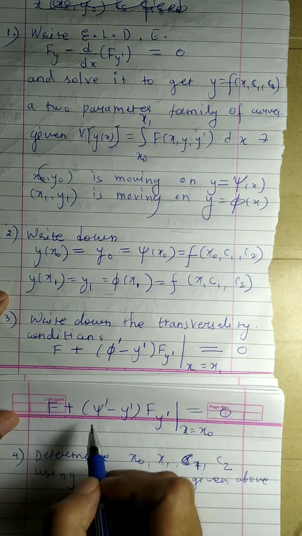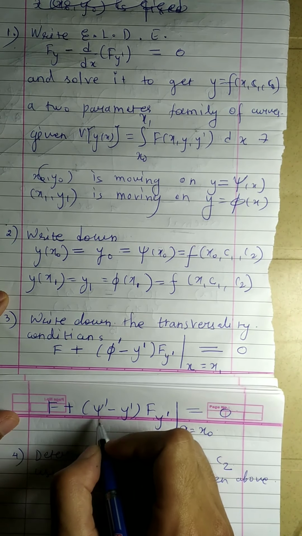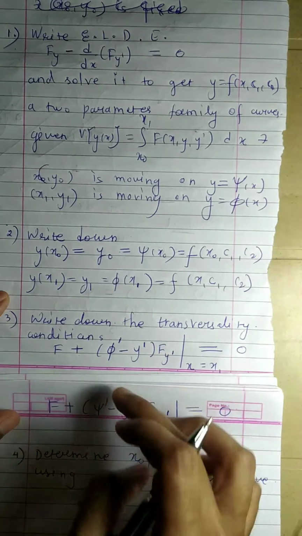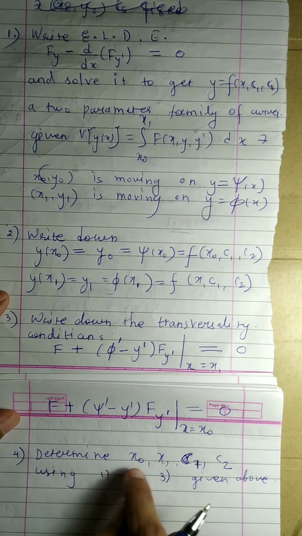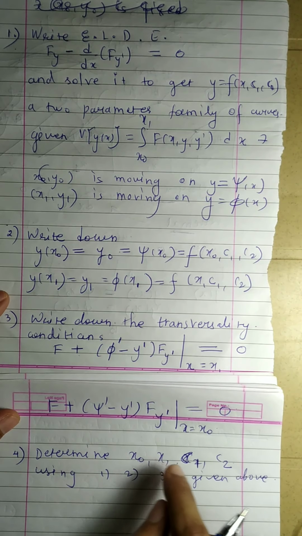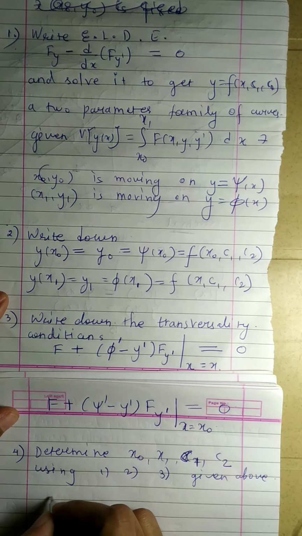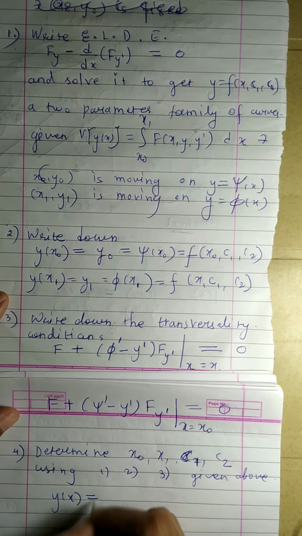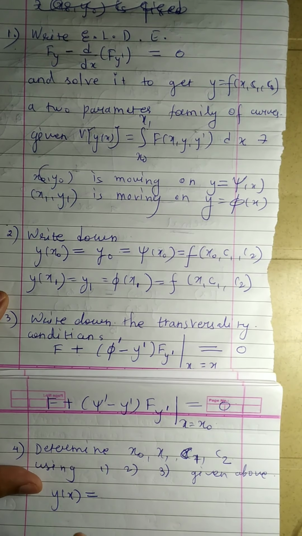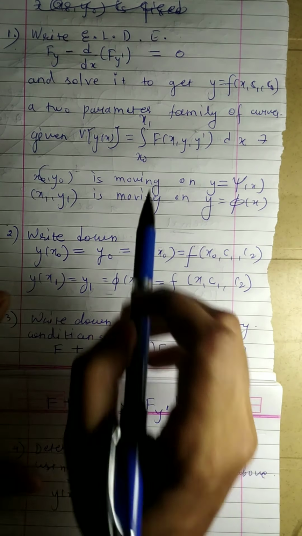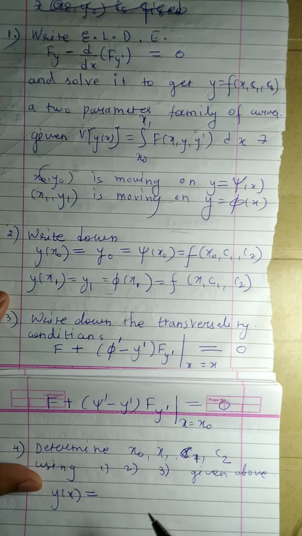And in a similar way for the curve xi of x. By using these three steps we determine the points x0, x1 and the arbitrary constants c1 and c2, and hence we get the extremal curve on which the variational problem achieves the extremum.